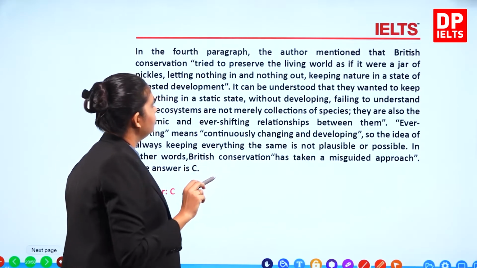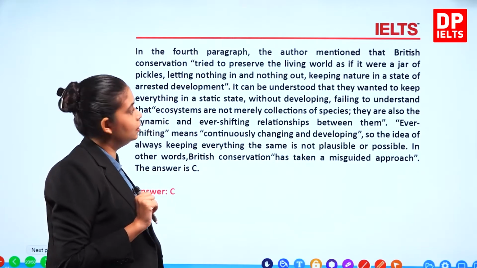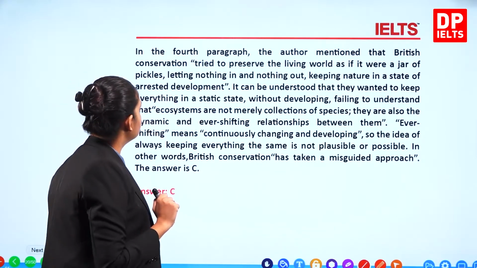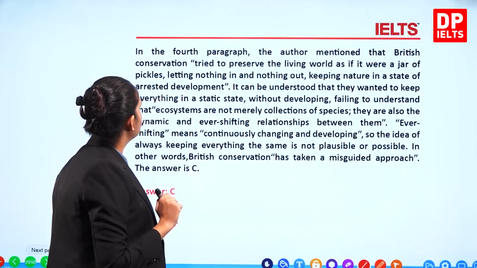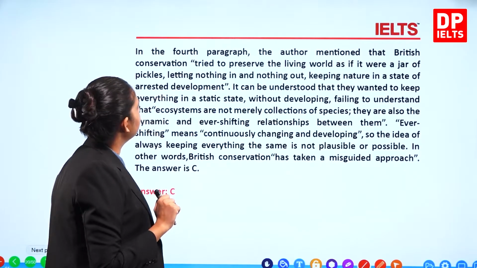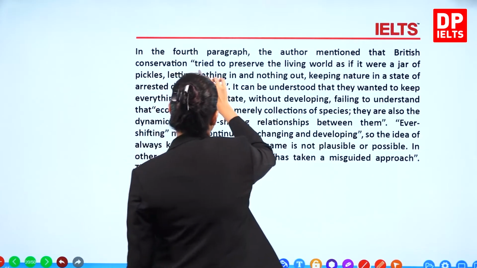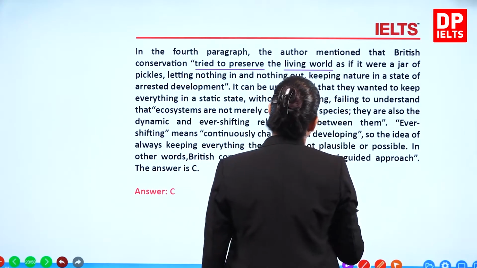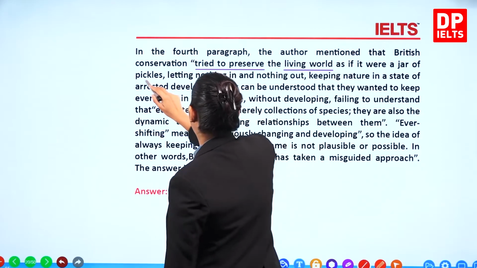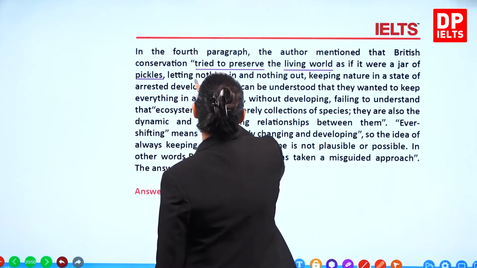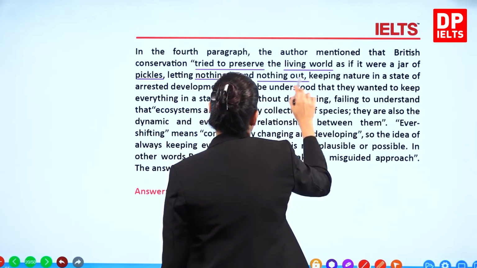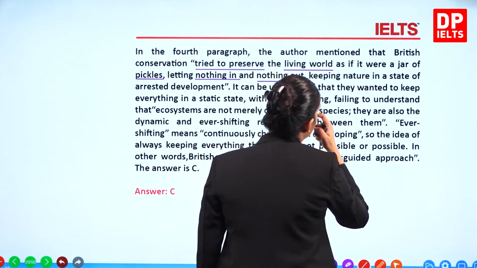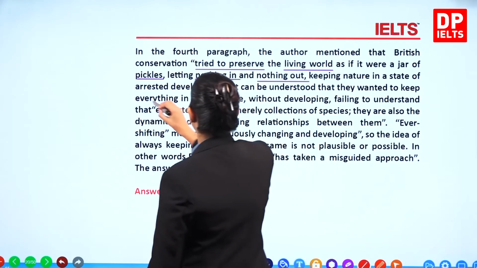If we come to the fourth para, the author mentioned that British conservation tried to preserve the living world as if it were a jar of pickles, letting nothing in and nothing out, keeping nature in a state of arrested development.